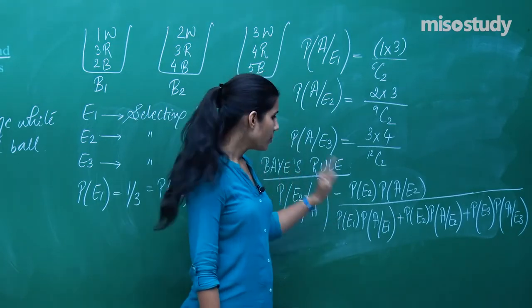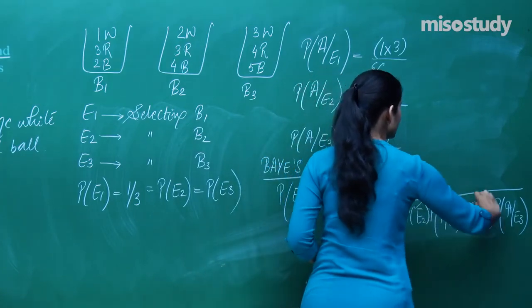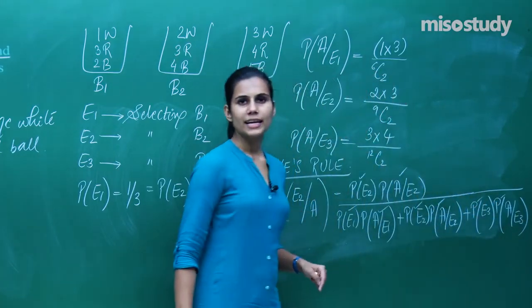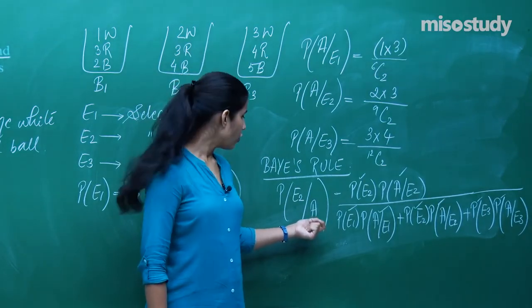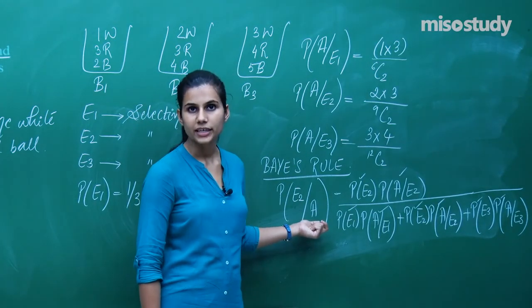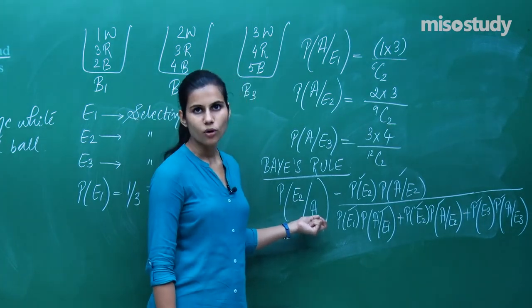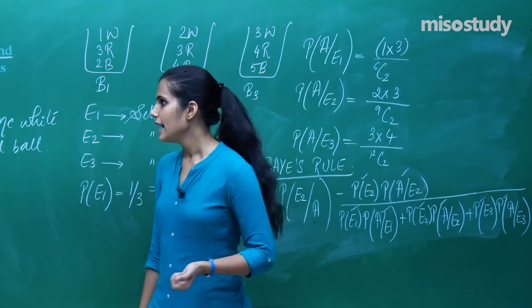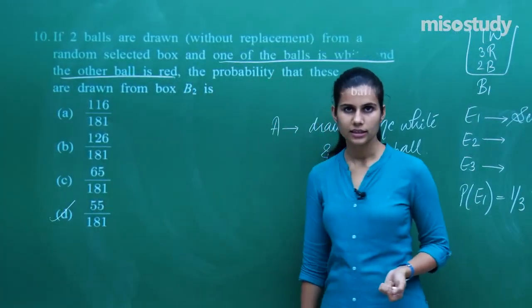The moment you have got this, you know all these individual values. When you plug in all the values, you get the probability of event E2 when event A has already happened, or probability of drawing one white and one red ball from box 2, and that comes out to be 55 by 181.